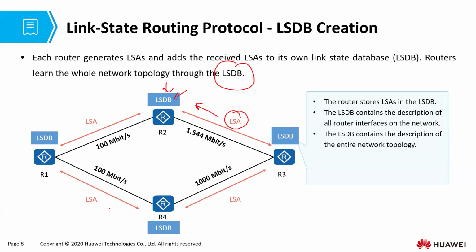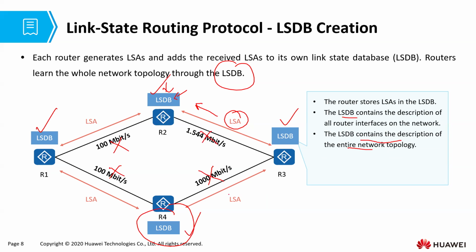What does that mean? At the end, the LSDB contains the description of the entire network topology, because my LSAs are updating about the link statuses of every router. It means at the end, if all the databases are synchronized, this one will be the same as this one, will be the same as this one, will be the same as this one. And what this LSDB will contain is all the statuses that are here.